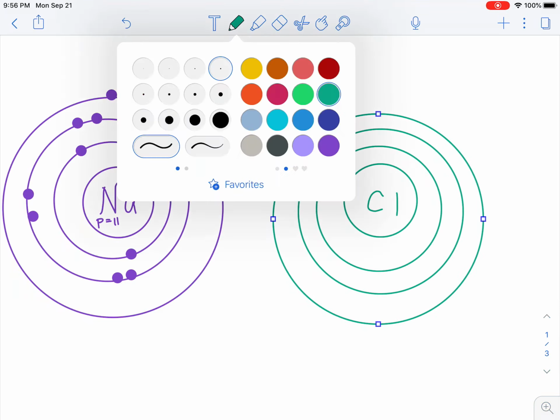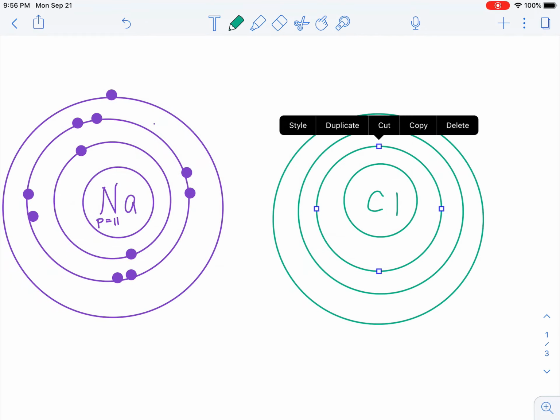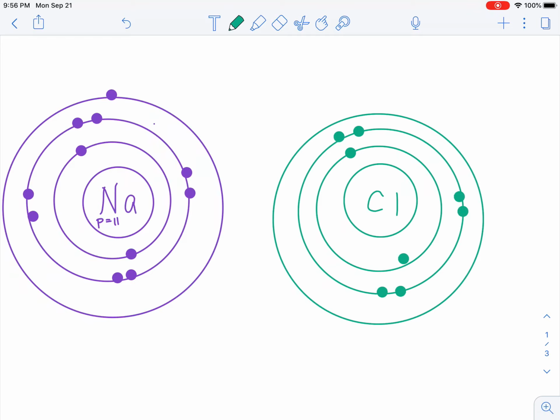All right, so let's get the electrons on here. 1, 2, 3, 4, 5, 6, 7, 8, 9, 10, 11, 12, 13, 14, 15, 16, 17. All right, so a lot of work. Here we are.